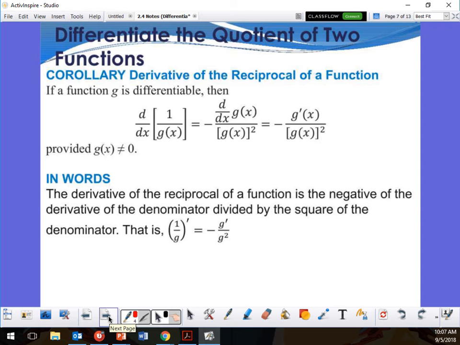All right, reciprocal of a function, it's just going to be the derivative, basically. So you take the derivative of 1 over g. So you're taking the derivative of the reciprocal. We took g, turned it into 1 over g, then take the derivative of it.